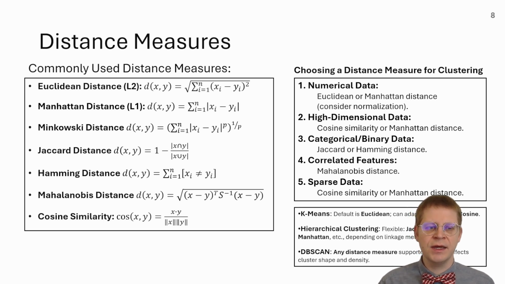For grid-like or spatial data, Manhattan distance works well. Jaccard is great for binary data, like detecting overlaps in sets. Hamming is another choice for binary sequences, such as comparing genetic codes.